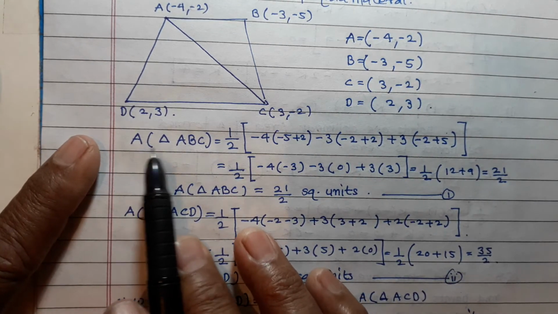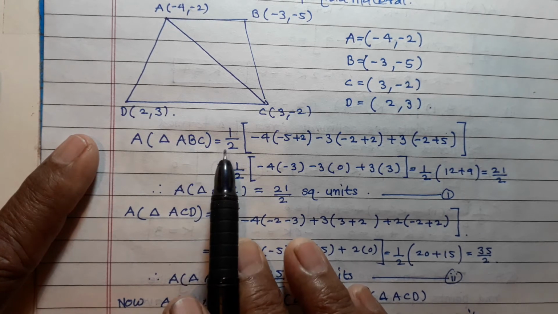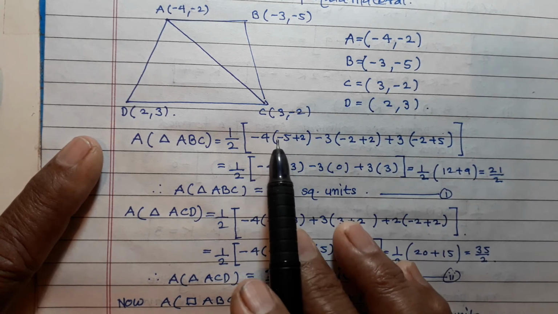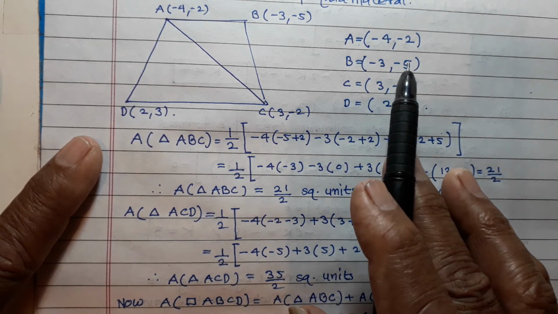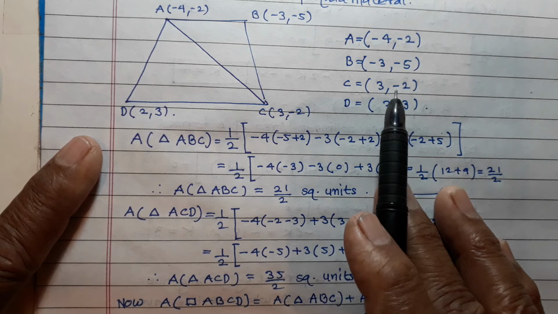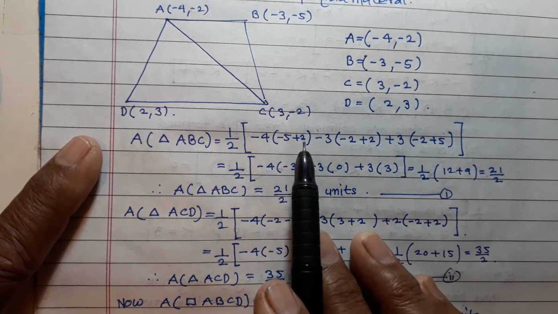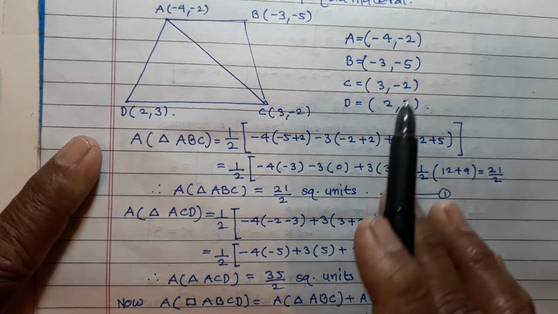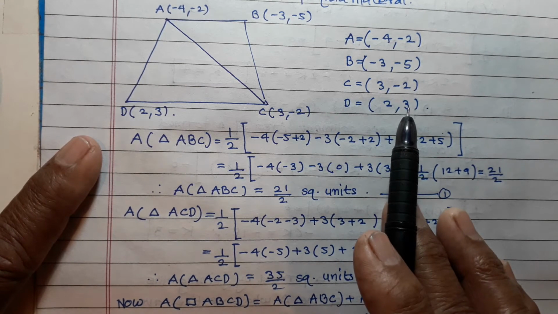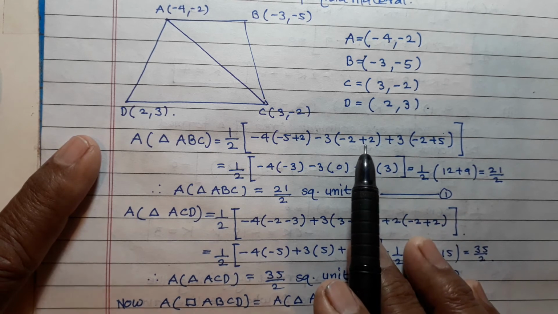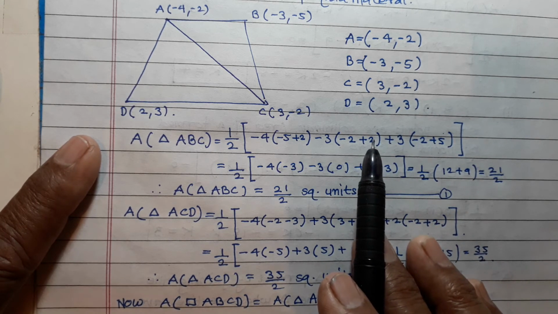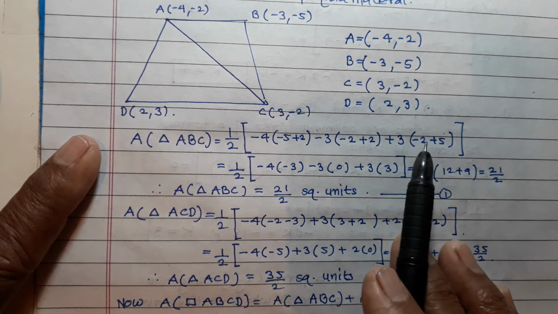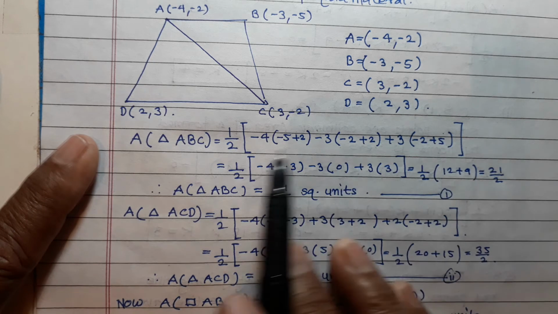Now area of triangle ABC is equal to 1 upon 2 [x1(y2 - y3) + x2(y3 - y1) + x3(y1 - y2)]. So -4 into bracket -5 - (-2), that is +2, -3 into bracket -2 + 2, plus 3 into bracket -2 + 5.